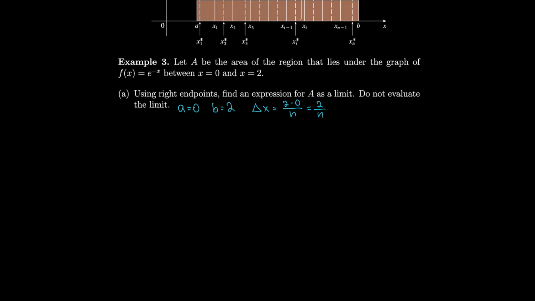We're going to get a right estimate now. So Rn is equal to f of x1 delta x, because our sample point is chosen to be x1. For our first sample point, it's always chosen to be on the right. And then f of x2 delta x, and so on until we get to the last one, f of xn delta x.